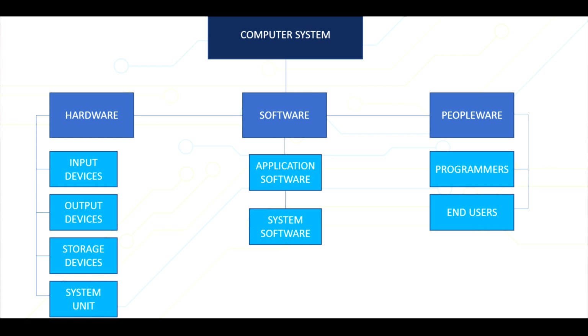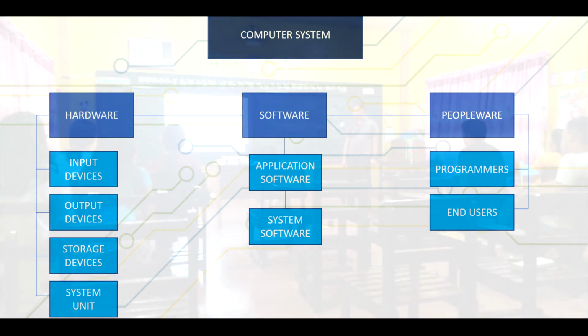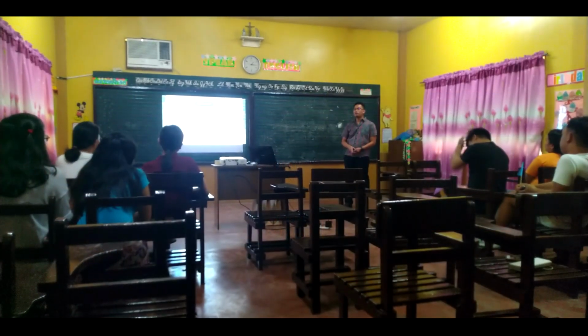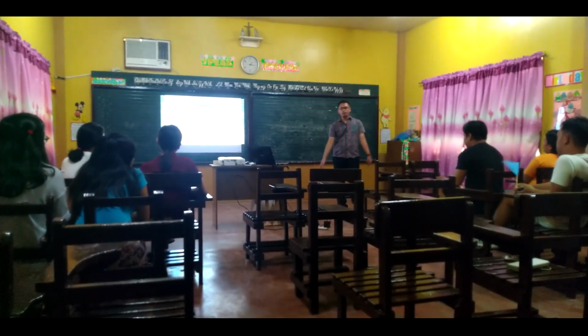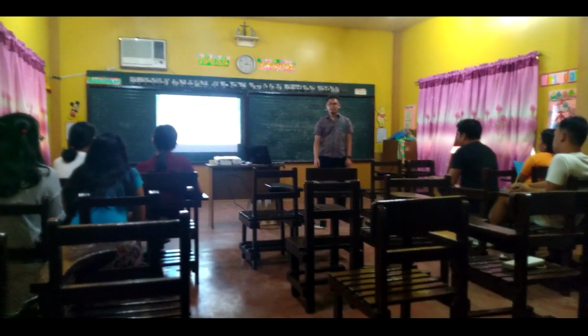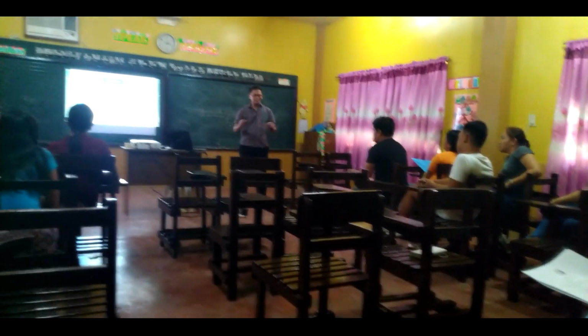Hardware: input devices, output devices, storage devices, and system unit. Software: application software and system software. Peopleware: programmers and users. Very good. Before we have our short evaluation, do you have any questions? Did you learn something, at least something?